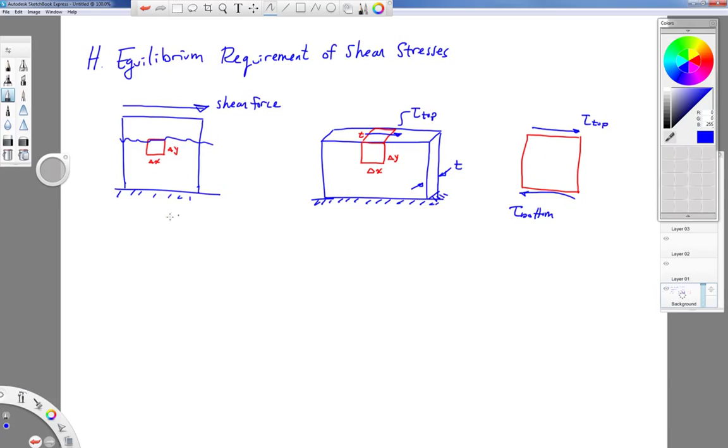I don't think it's too difficult to tell then that the shearing stress on the top and the shearing stress on the bottom is the same. But let's show you by looking at a little block of forces that does work out.